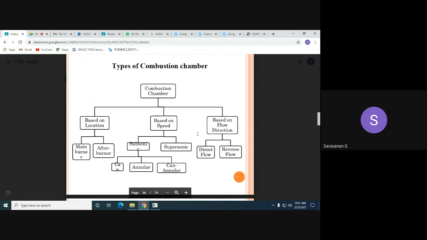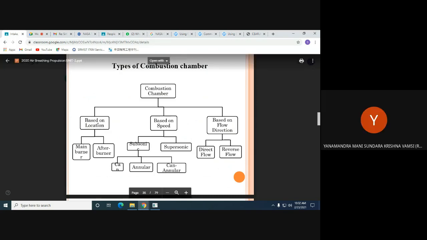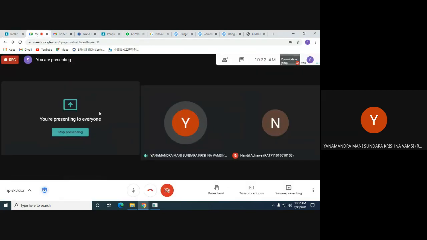Let me continue with the topic, the types of combustion chamber. Today we will have class till 11. Next we will compensate for the missing hour also. Sir, at 10:50 we have a flight dynamics class.